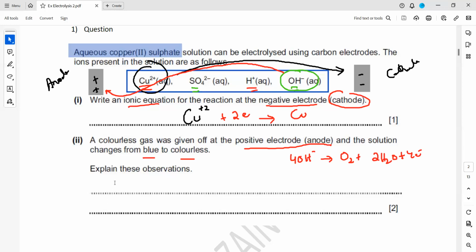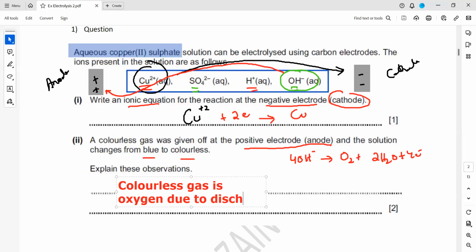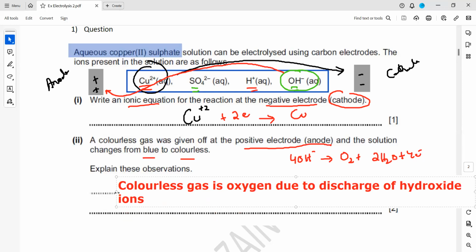The colorless gas is oxygen. And why is it formed? Due to discharge of hydroxide ion. So the colorless gas is given off due to a discharge of a hydroxide ion. That's the first.